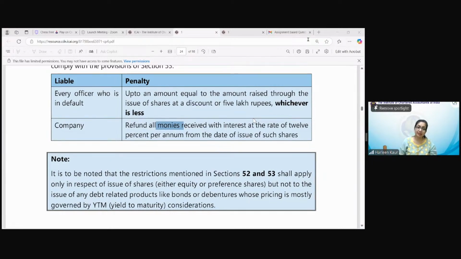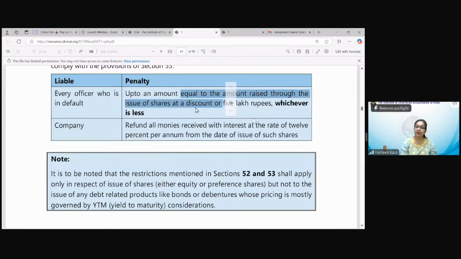Officer will also pay. Yes, absolutely. But Rajveer, you have to understand what the examiner is asking. Here, the examiner has asked you the penalty of the company. You will say this is the penalty of the company. And yes, every officer who has done this default will be liable to pay an amount equivalent to the amount raised by the shares at a discount or 5 lakh, whichever is less.